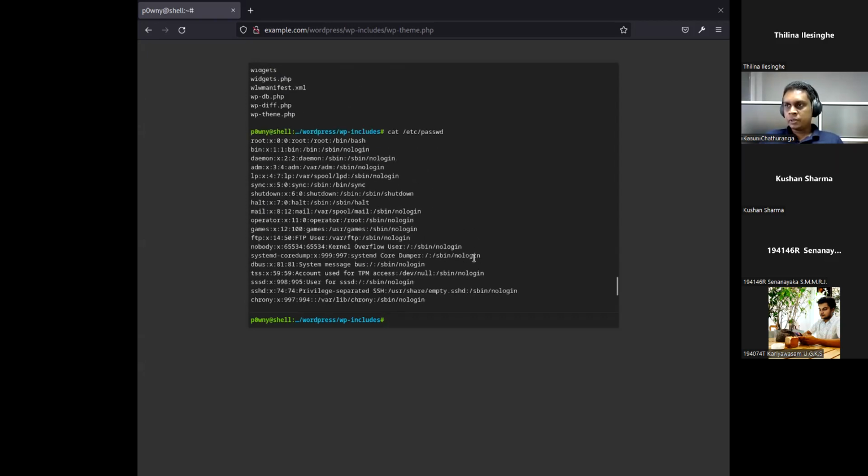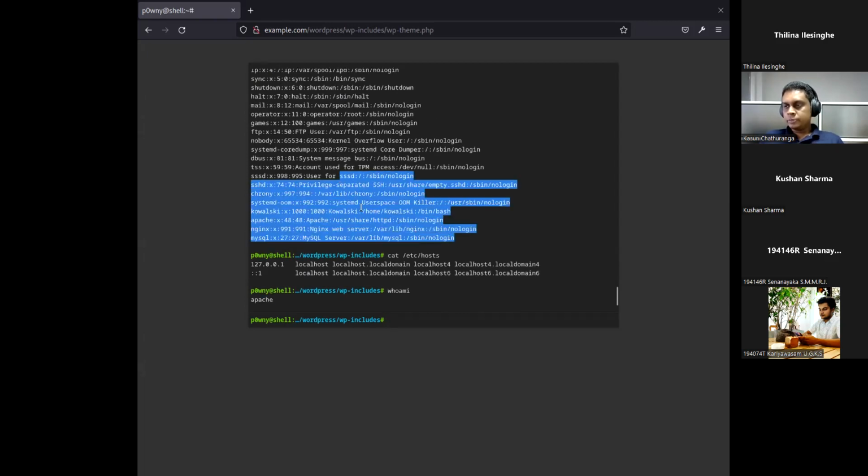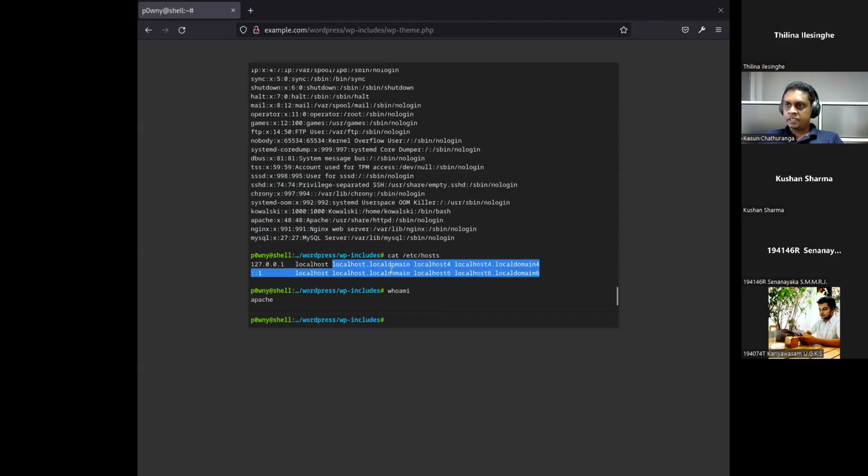He can access the password file, not the shadow file. But in some cases I have seen deployment people running the web server as root, and if something got injected, that shell or that attacker gets root access. But in here, only Apache.